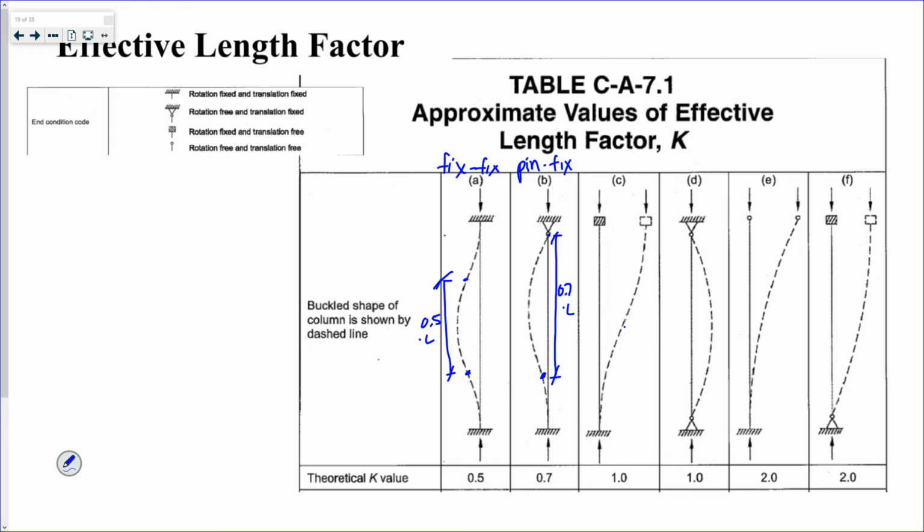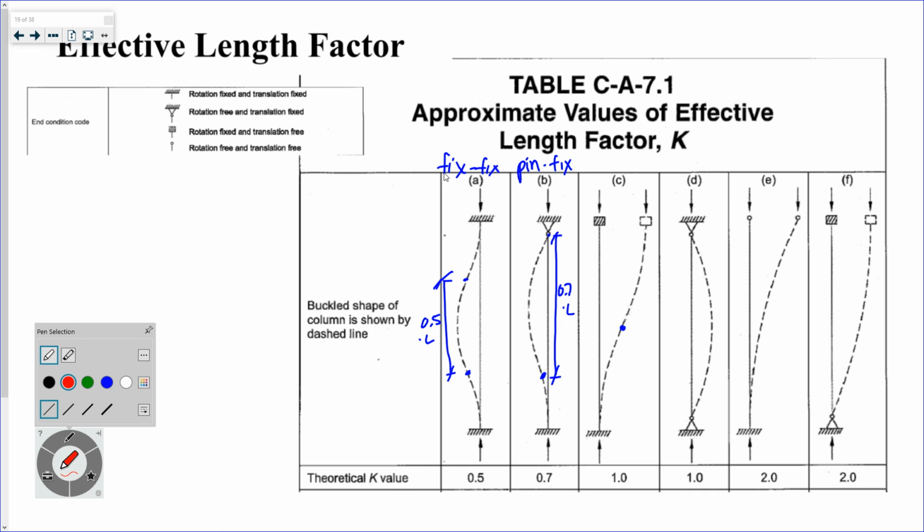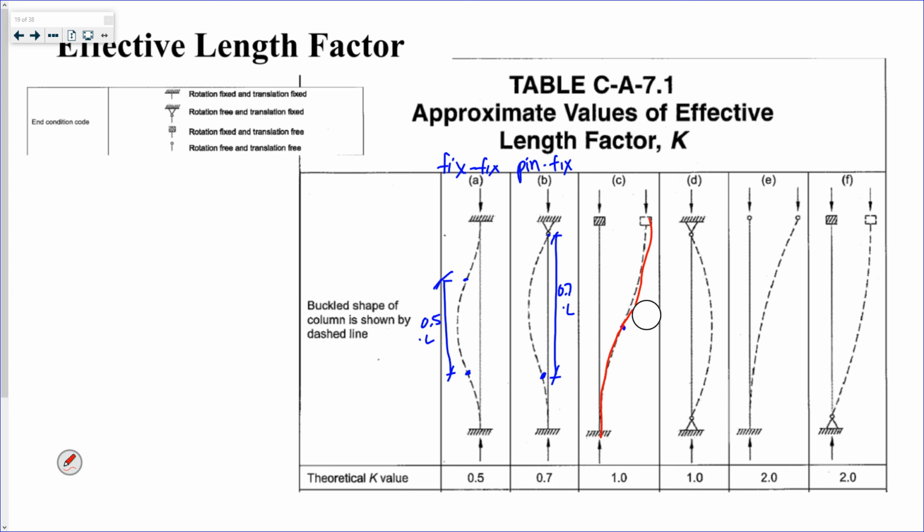C, you can kind of tell this is half of your buckled shape, and this is the other half of your buckled shape. Maybe if you drew it back, there's your other half. So that's why it's 1: it's half your buckled shape plus the other half of your buckled shape for your pinned end.